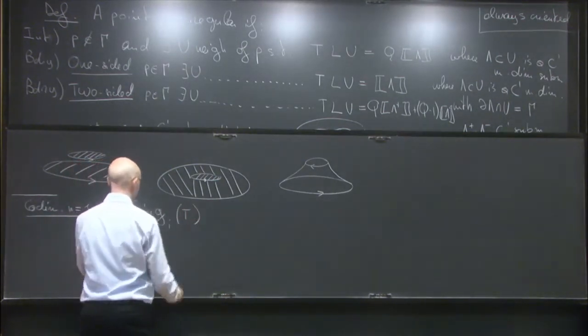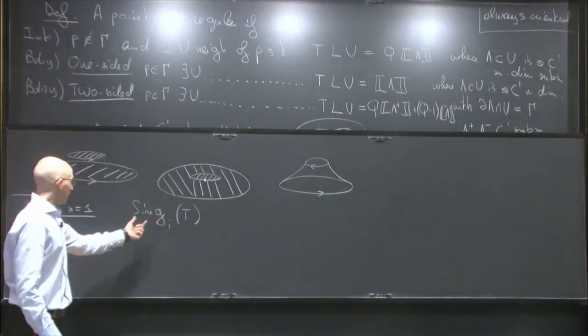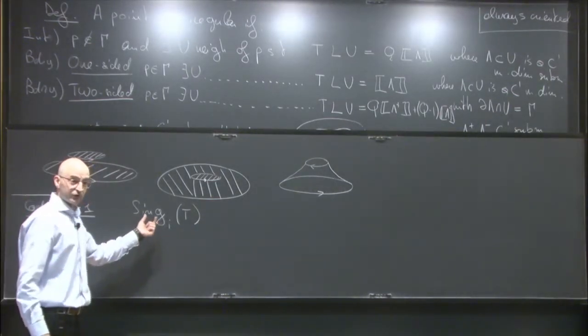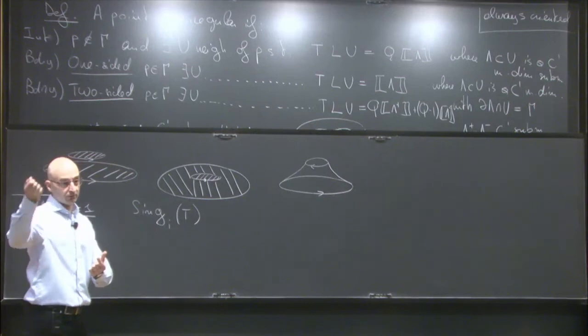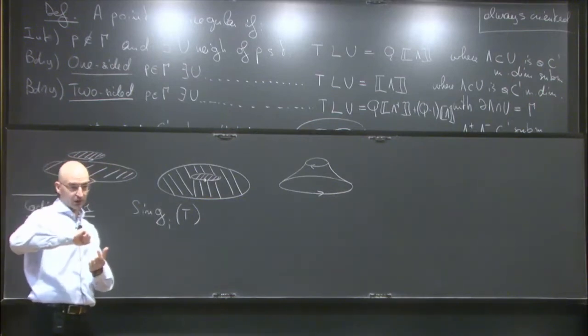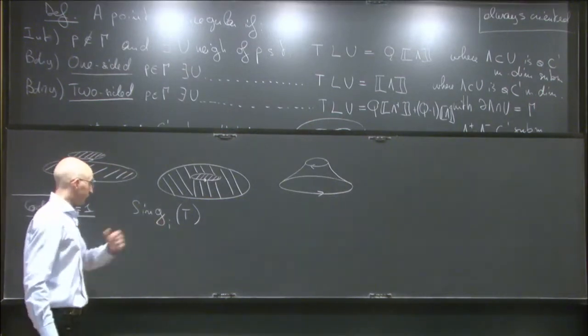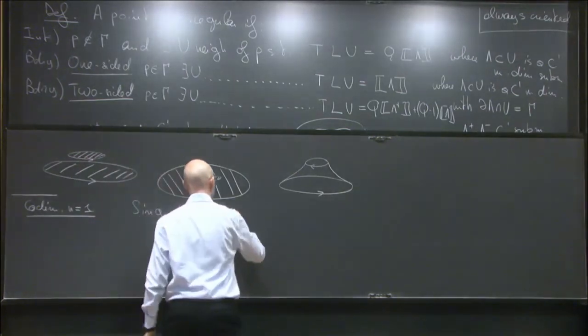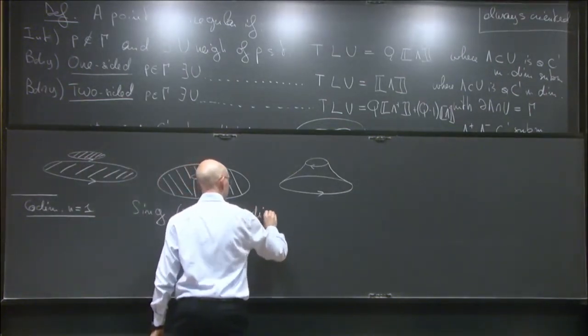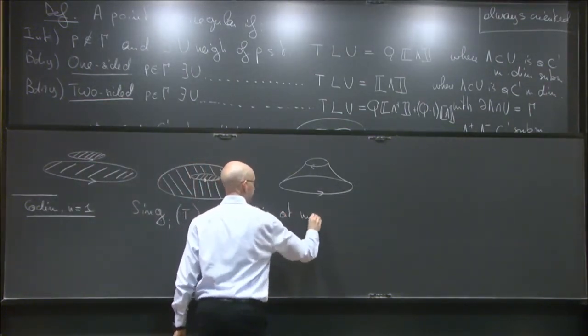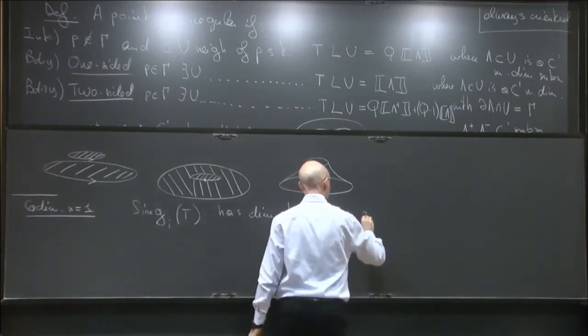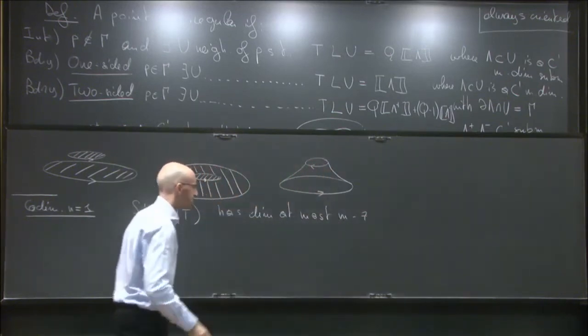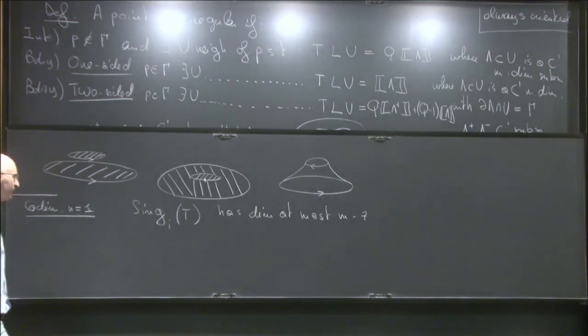By definition, interior singular points form a relatively closed set in sigma minus the boundary gamma. This object has dimension at most m minus 7. So it has very small dimension.